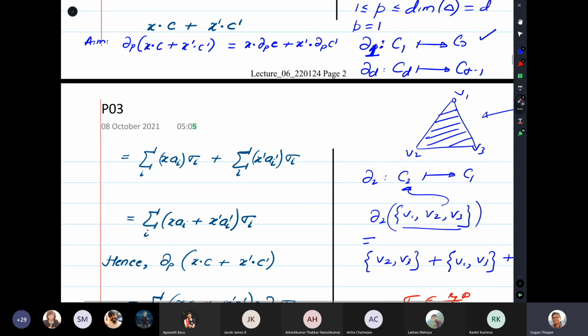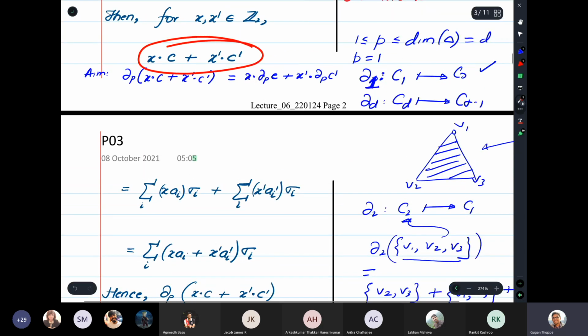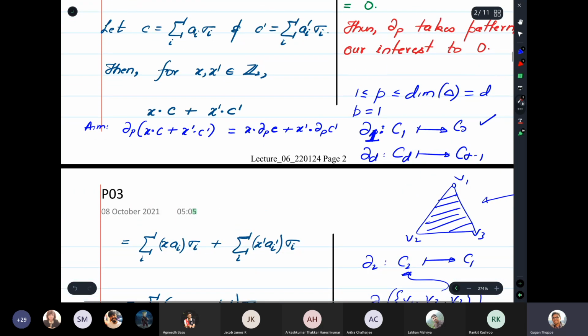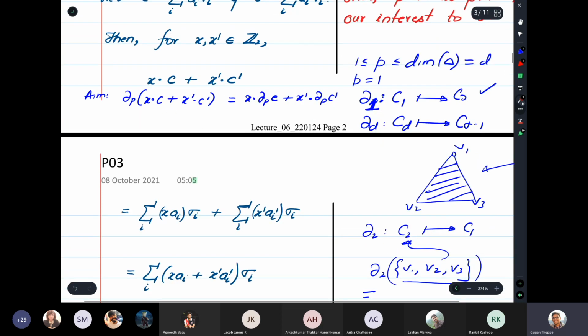All right. First let's see if we can get a simplified expression for this linear combination. Recall that c is the summation of a_i σ_i. If I do this scalar product x · c, I hope you agree that we will end up with something like this.